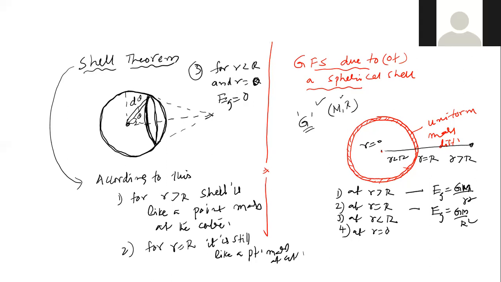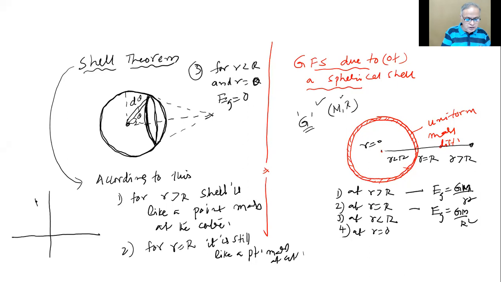This is r equals 0. So yeah, that's a mistake. Now, if at all, I would like to show that in a graphical way. You can draw Eg here, r here. If you take both plus and minus, you take the origin, both the sides will get a similar graph.